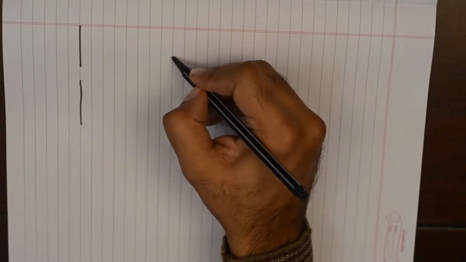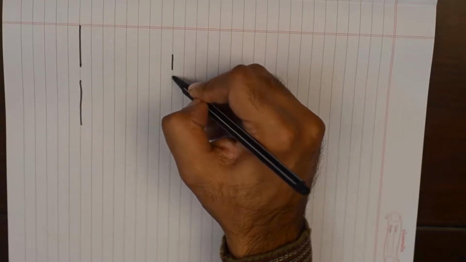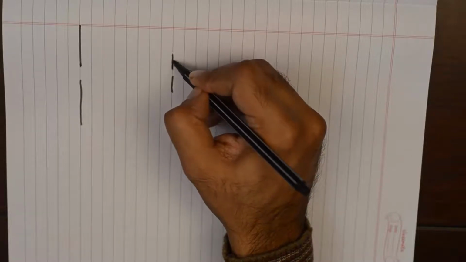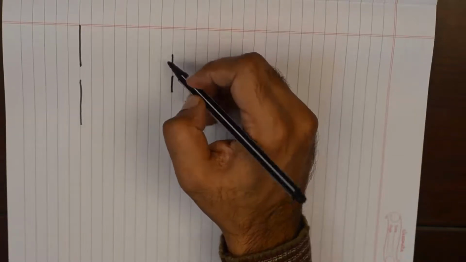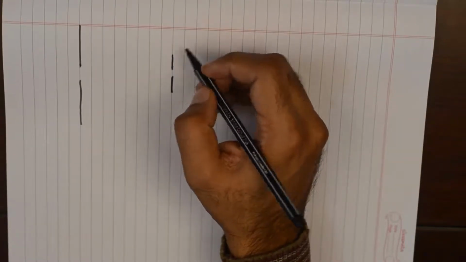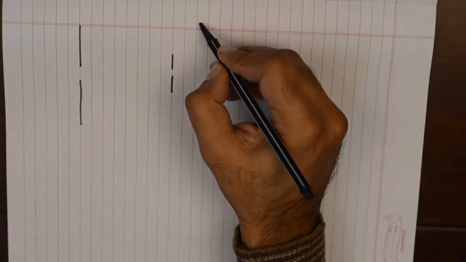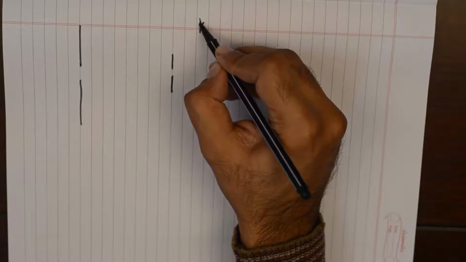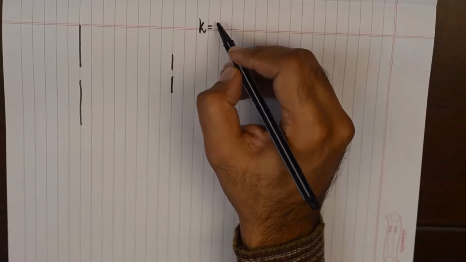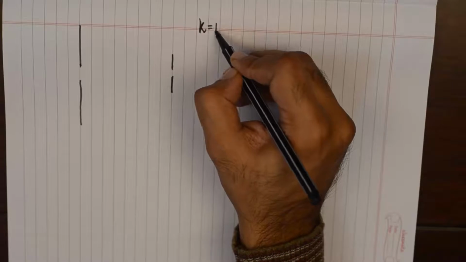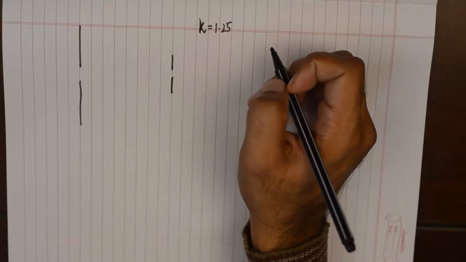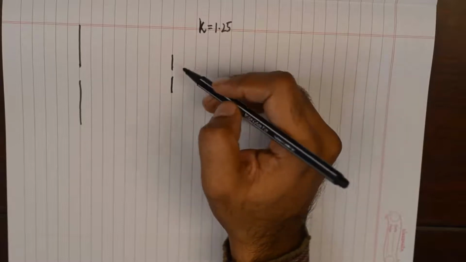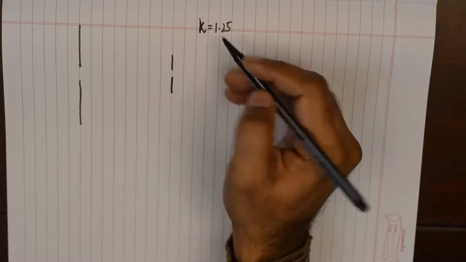For example, we'll start with the smallest antenna element on the extreme right, and then we are going to take a constant k which shall be greater than 1. For example, if we take a constant k equal to 1.25, we are going to increase the distance of the next element by 25%.